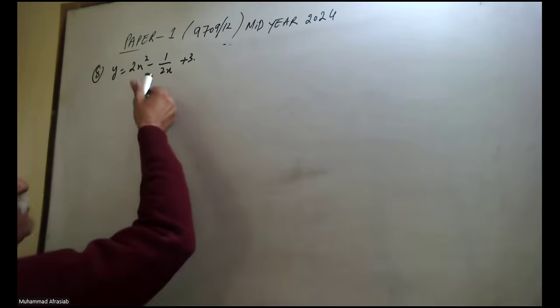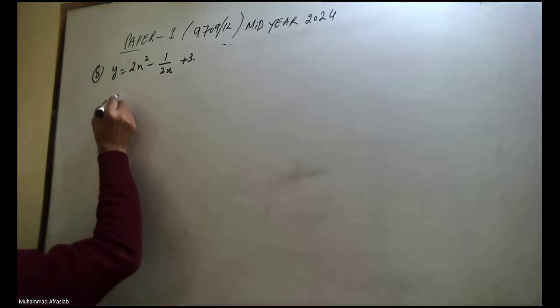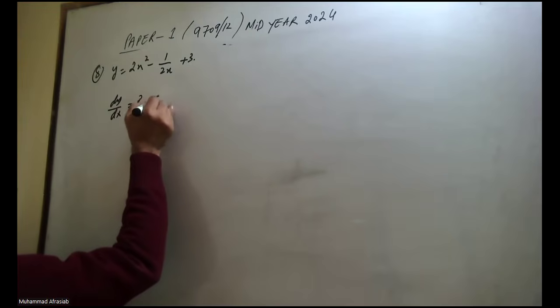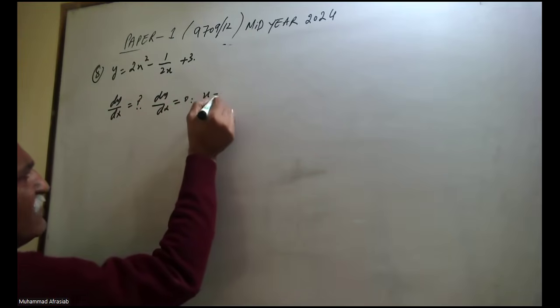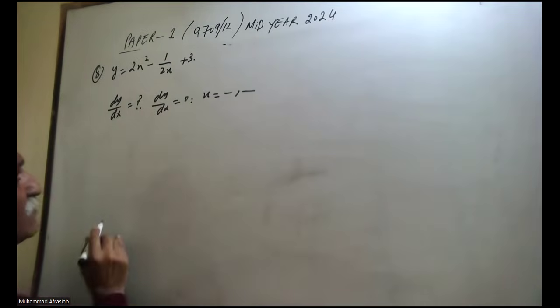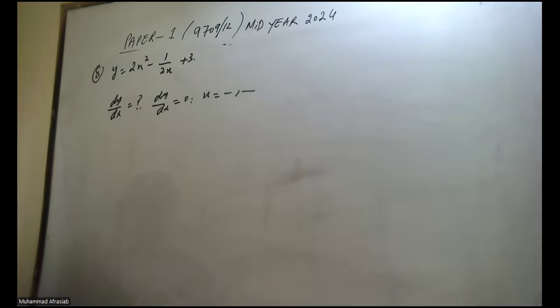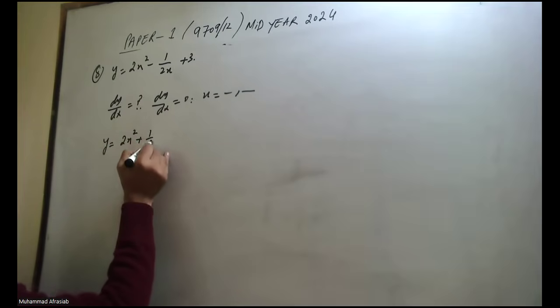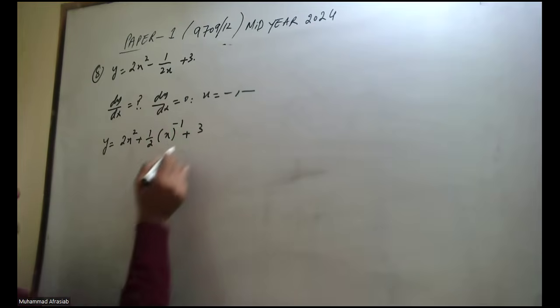Since this equation is given to you, for the stationary points we know that we have to get dy by dx and put dy by dx equal to 0 to get the value or values of x. Then substituting into y will give you the stationary point for x and y. So y is equal to 2x squared plus 1 over 2 x to the power minus 1 plus 3.